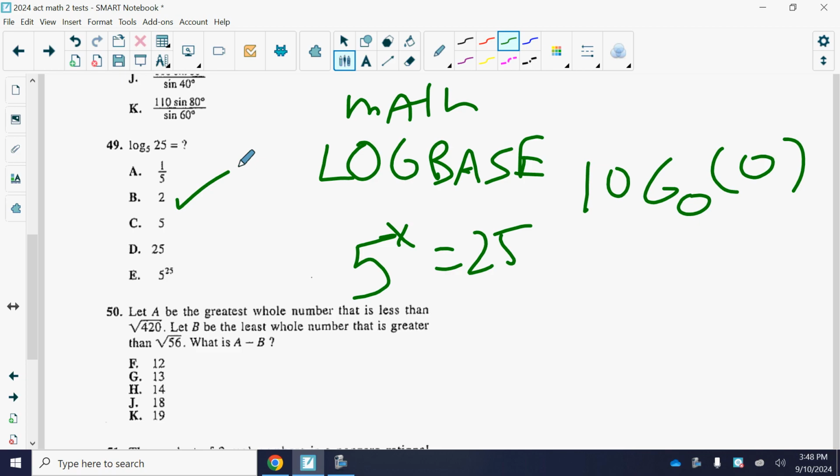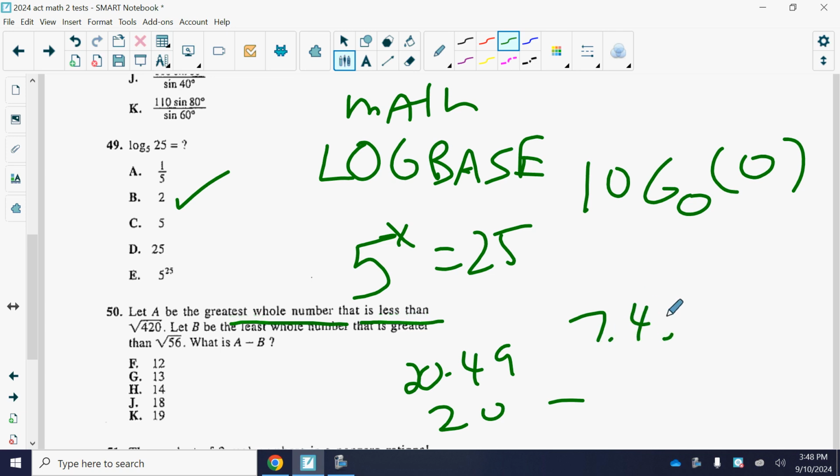Okay, the square root of 420 is 20.49. I have trouble with this. The greatest whole number less than that is 20. And the square root of 56 is 7.48. We want the least number that is greater. So isn't that 7?